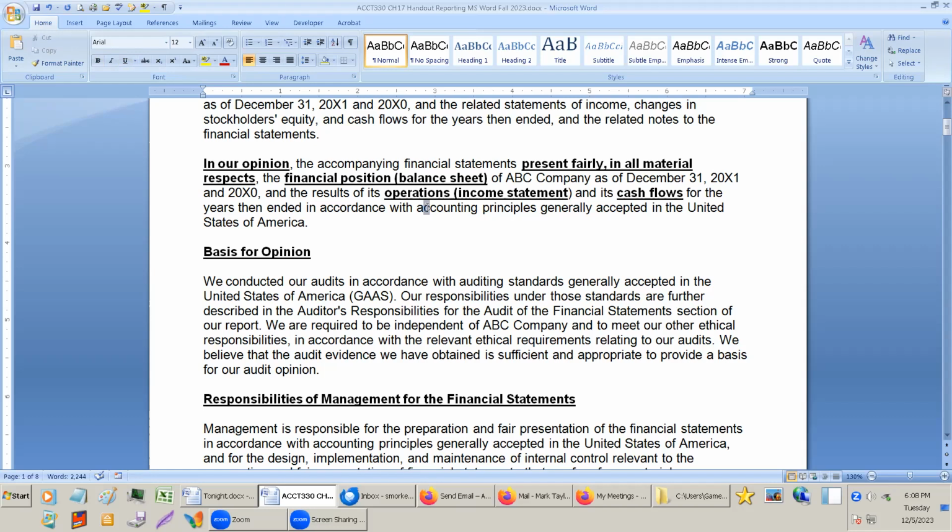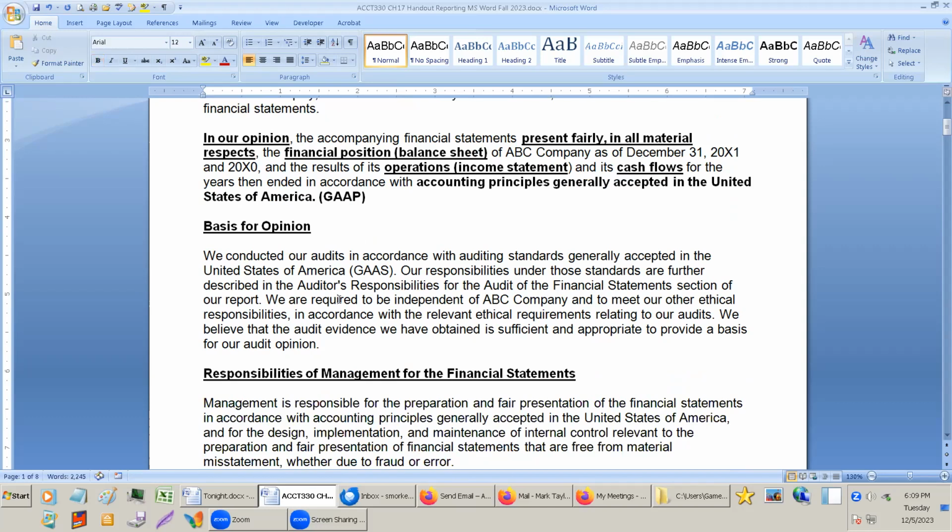In accordance with accounting principles generally accepted in the United States of America, and that's just GAAP. All right, so that is the opinion. It starts out the report with the opinion.